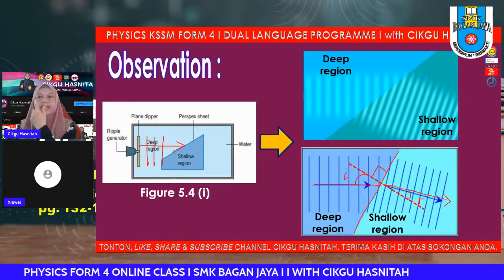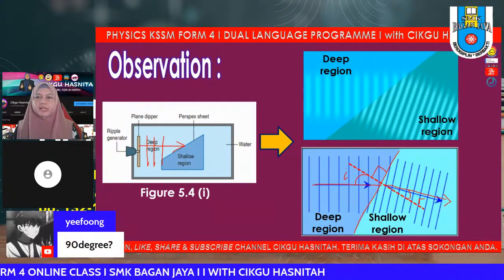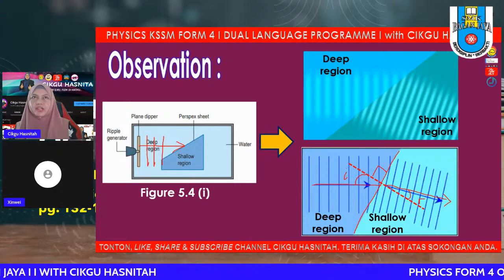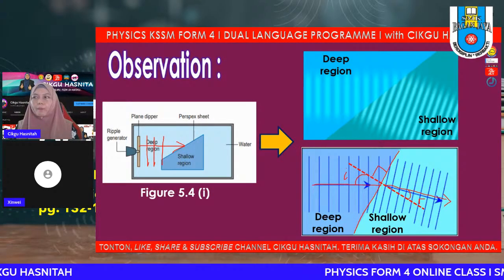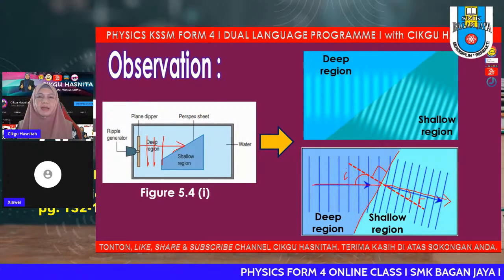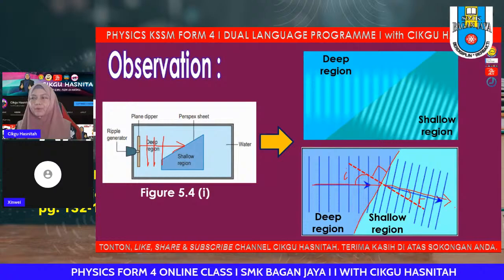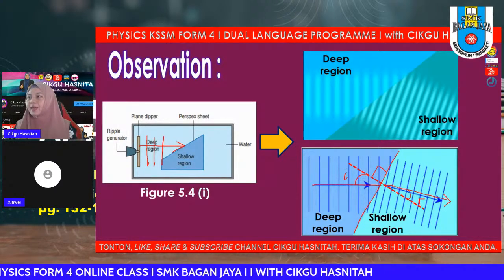Yes, 90 degrees, Yifong. Perpendicular means 90 degrees. The normal line is a line which is 90 degrees, or perpendicular, to the boundary of the two media. So this is i and this is r.